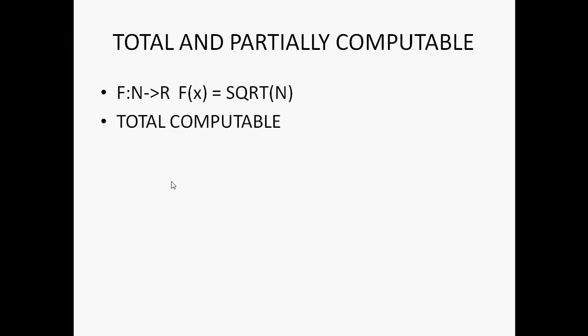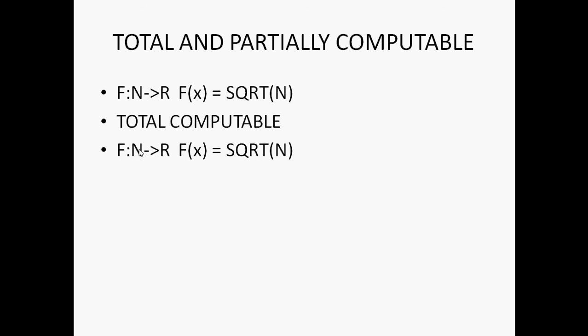Let's see another example. F maps R, f of x. Sorry, this has to be R to R. R contains the negative numbers as well. The square root of a negative number is not a real value.